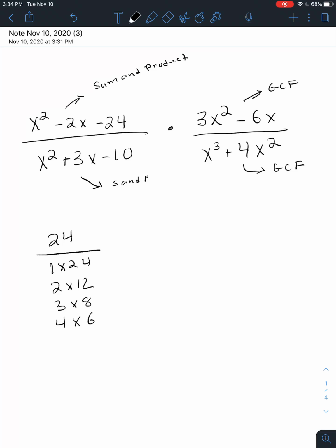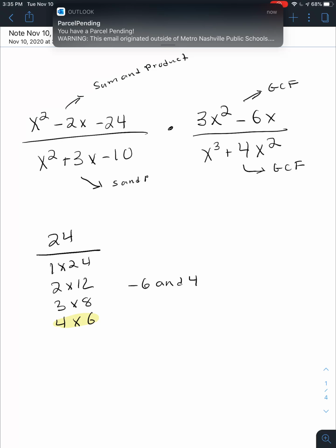For instance, 24 divided by 4 is 6, so 4 times 6 is 24. Whatever works for you, you just have to use it. Here we see that 6 and 4 are 2 apart, so this is most likely our answer. And in order to get a negative 2, it's going to be negative 6 and 4.